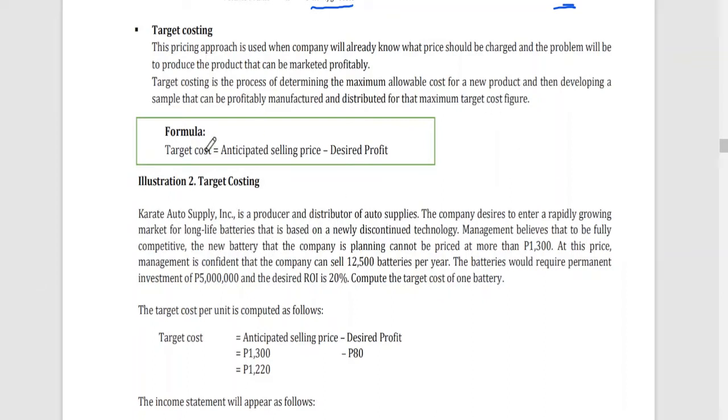In this case, you already set in mind what your target selling price should be. Because to determine your target cost, you should already have an idea of how much you want to sell it for.